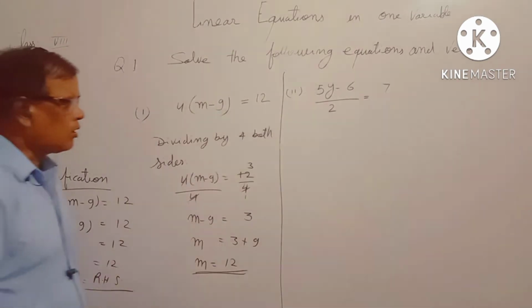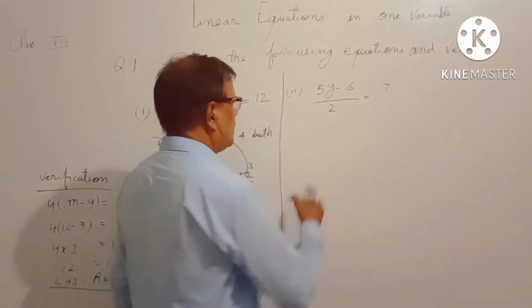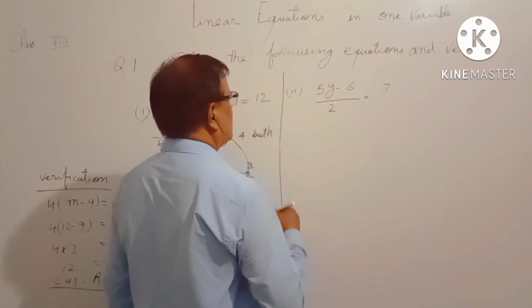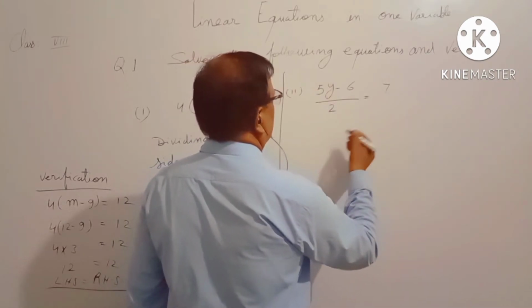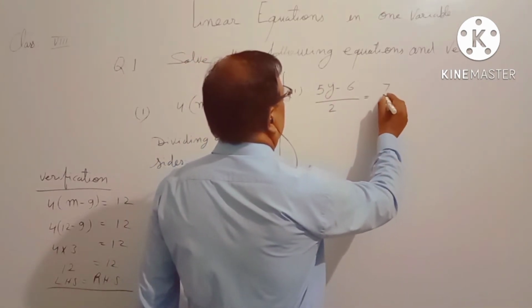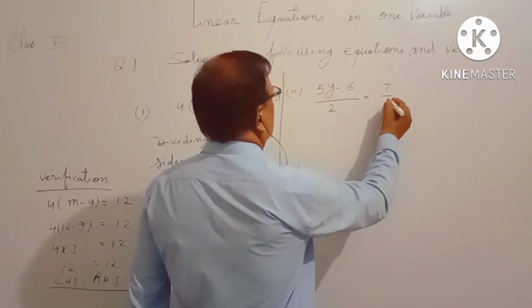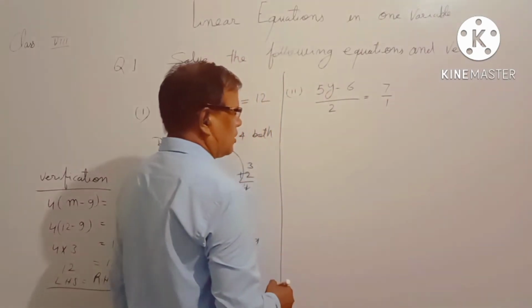Now we are going to solve the next question. Here we see question number two: 5y minus 6 by 2 equal to 7. We can write 1 in the denominator on the right, and use the cross product.